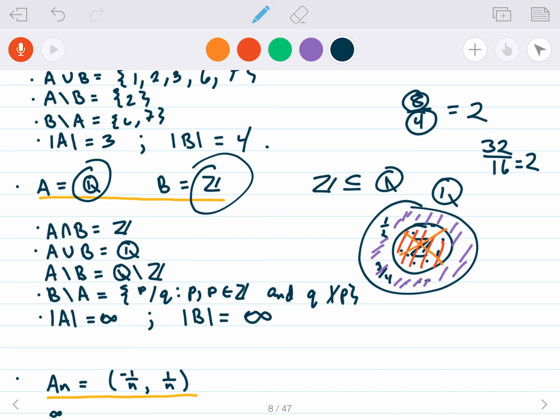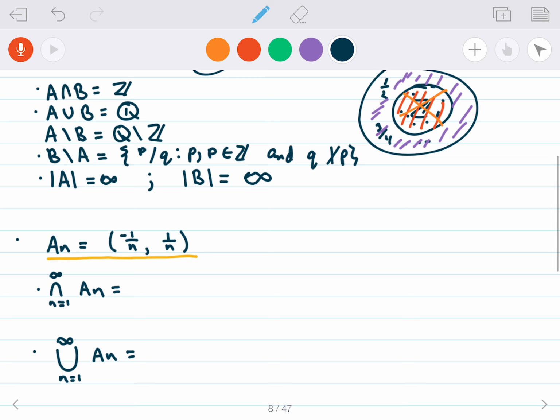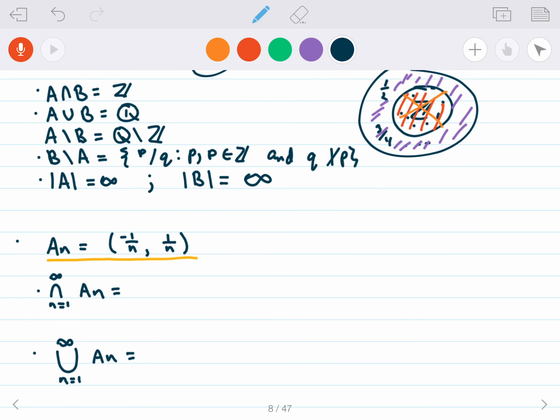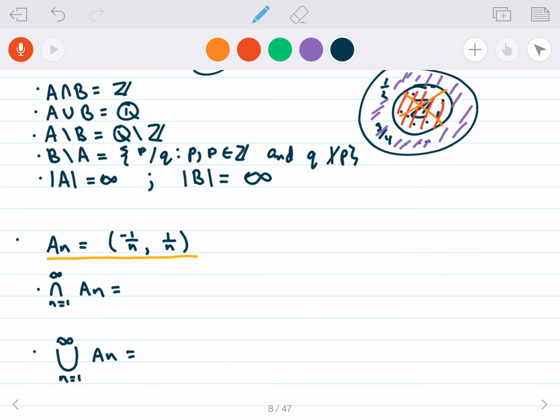Okay, let's do another example here, a little bit more abstract, I guess. So here all of our sets are of the form A sub n equals, we call this an open interval with the parentheses at the ends. If it were brackets, we'd call it a closed interval, from -1 over n to 1 over n.